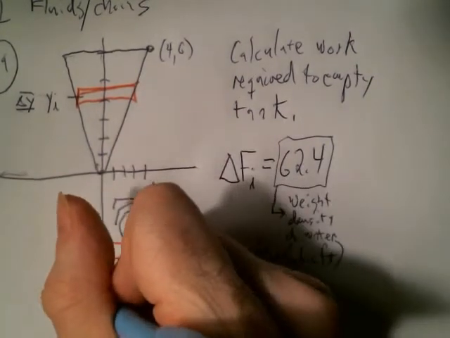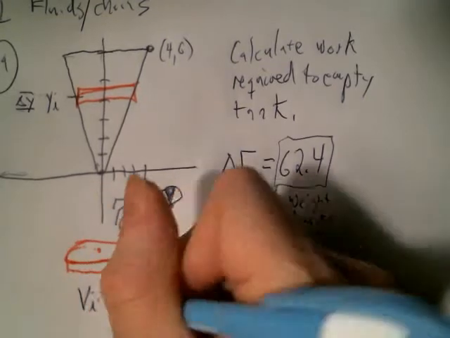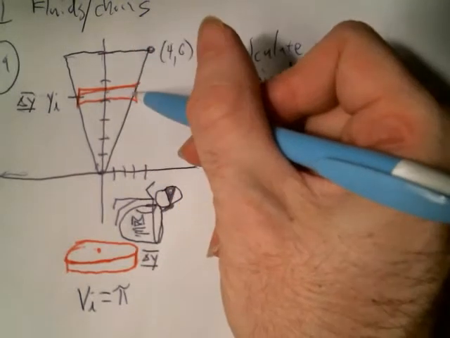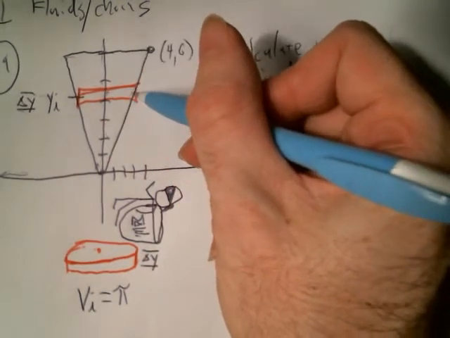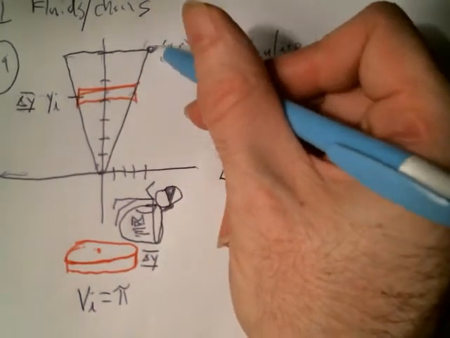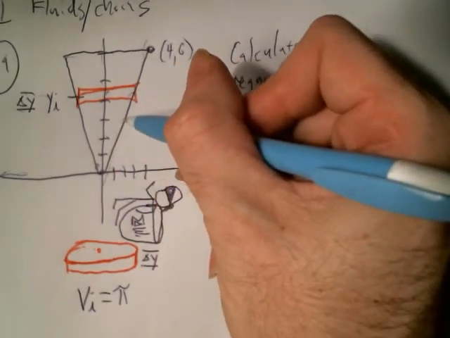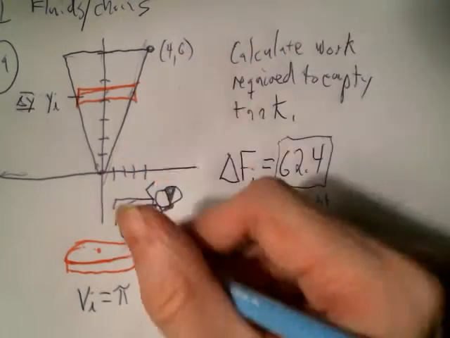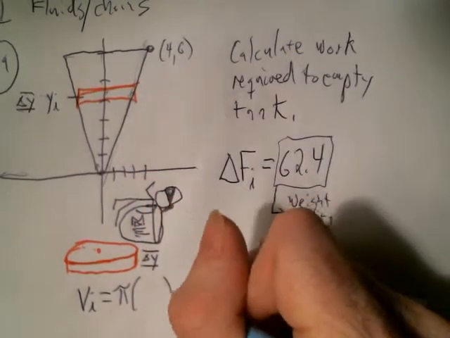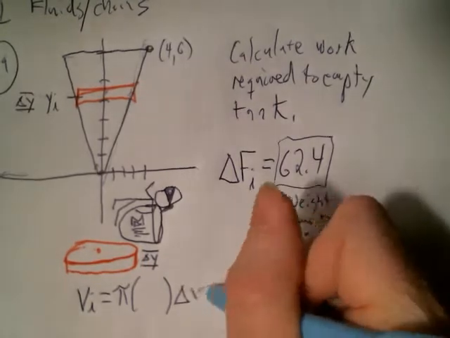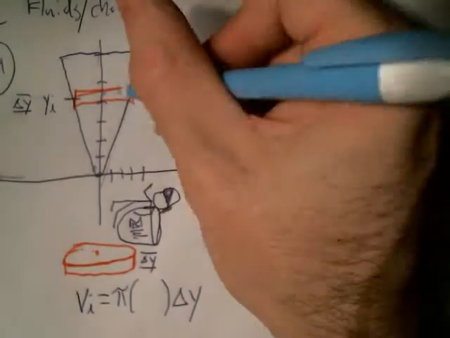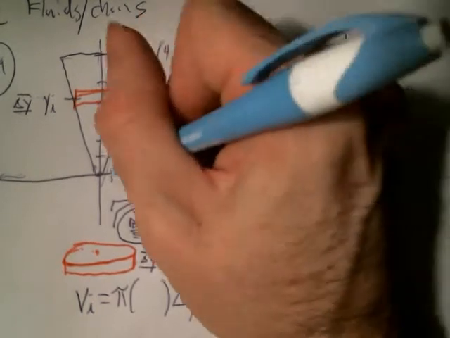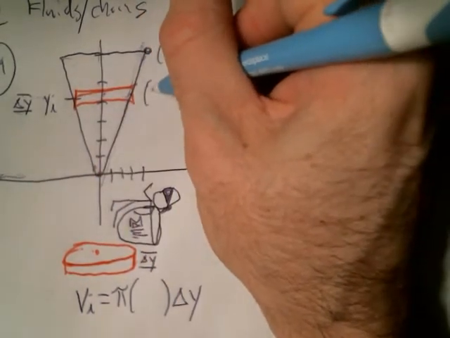So this guy has volume pi, then r squared, where r is the radius from here to here. So I need a formula for that, which will be the formula for this line, but in terms of y, and then times the height, which is just change in y. To get the formula for this line, you can use the point slope formula.